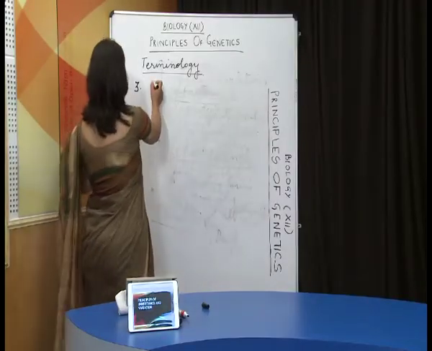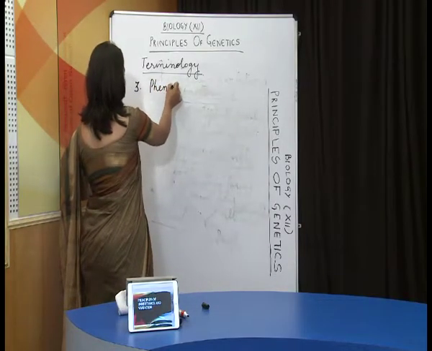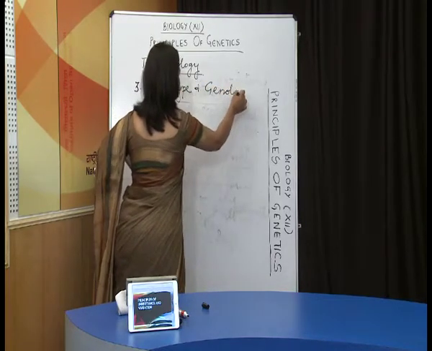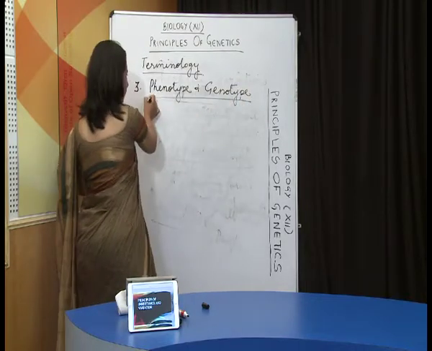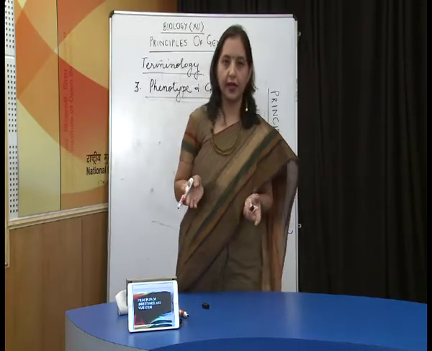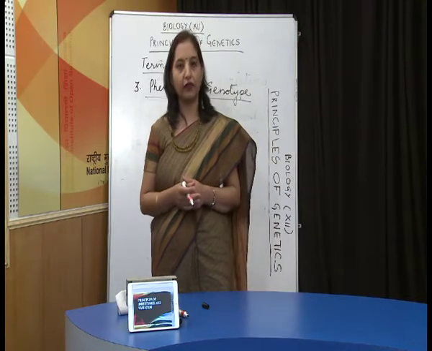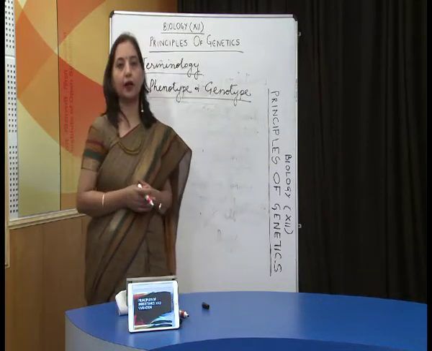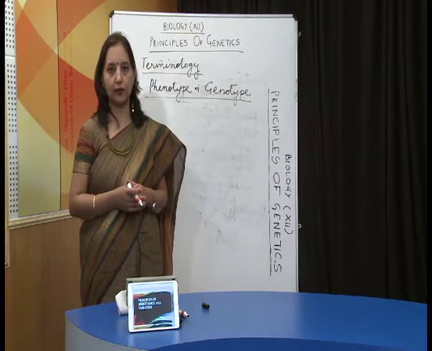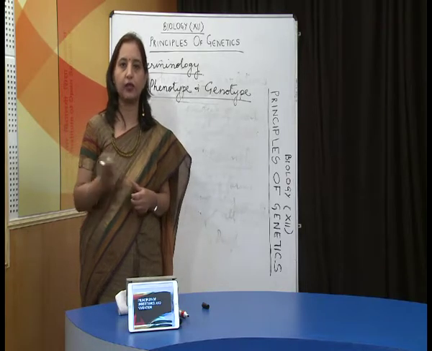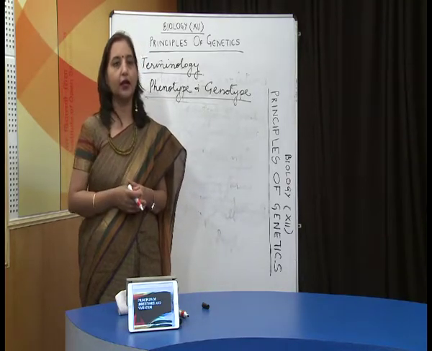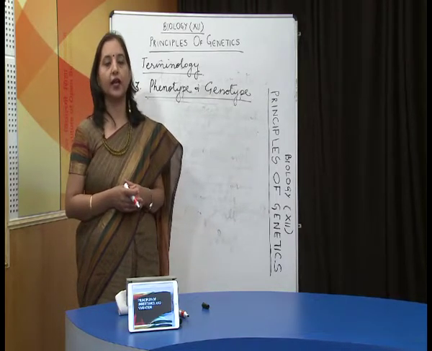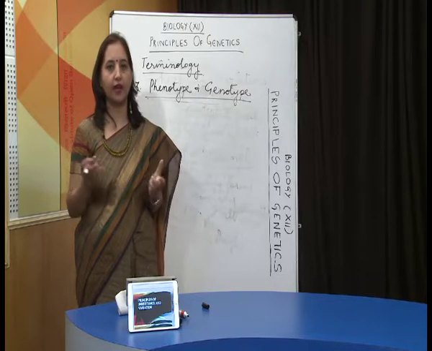The third term is phenotype and genotype. When we describe the external appearance of any organism, that's called phenotype, whereas the genetic makeup of an organism is called genotype. For example, if I ask you to describe a tree, you might say it is a very tall plant, it has many branches, green leaves, red flowers and so on.